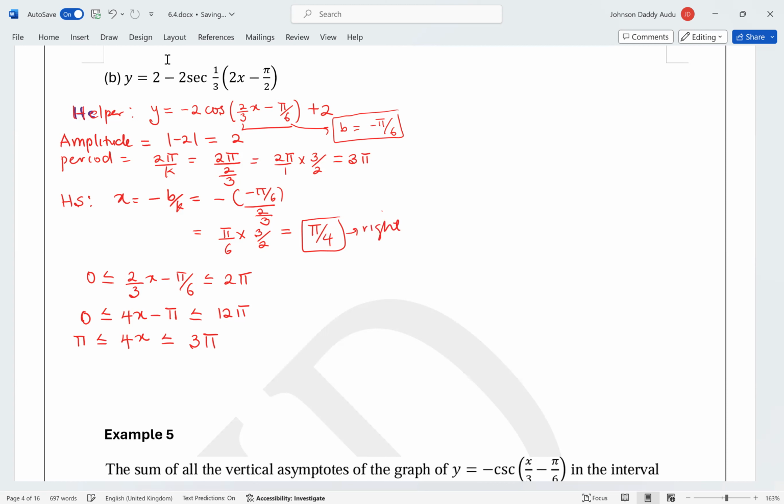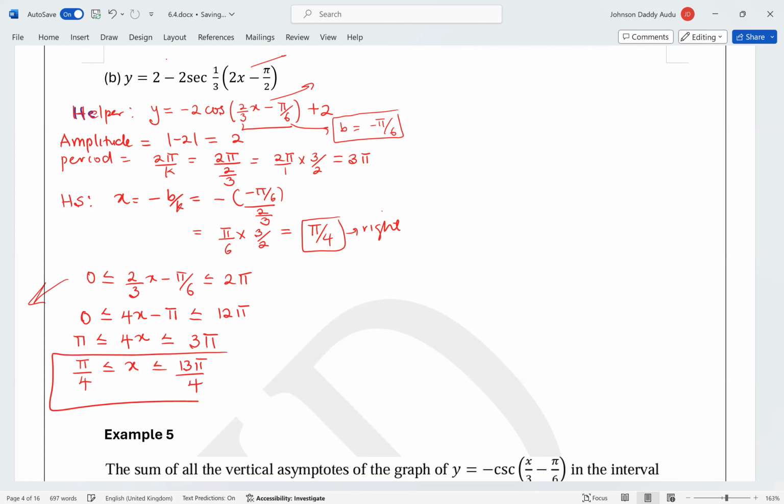And how do I know that there's a mistake? Because if you use this method now, when you put the term between 0 and 2 pi, your starting point should be the same as your horizontal shift, because by the time you divide by 4, you will have this one, and you will have 13 pi over what? 4.